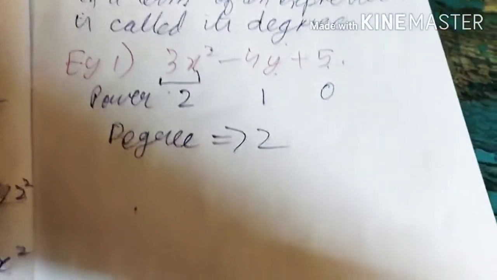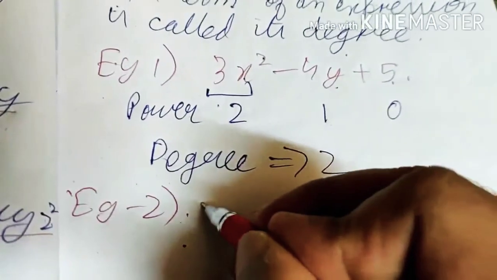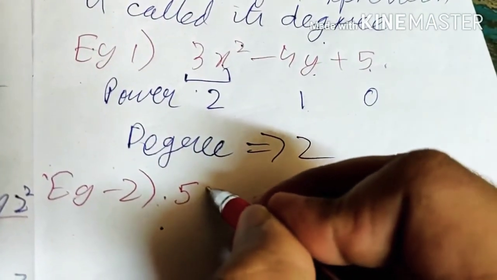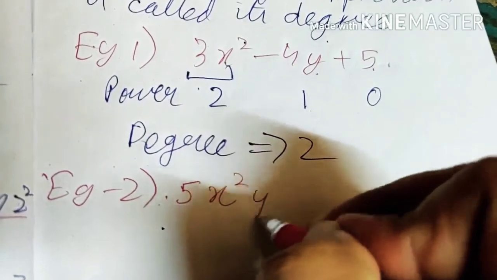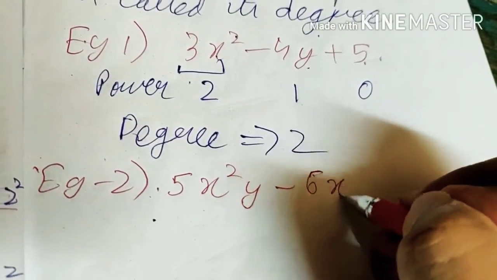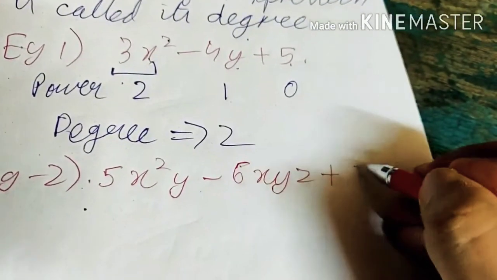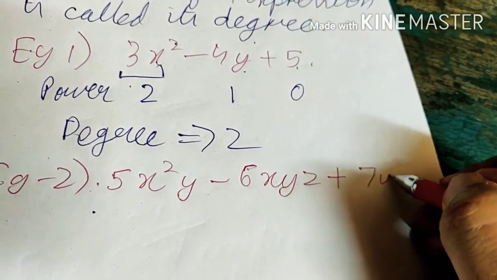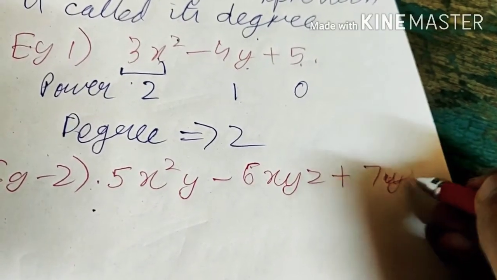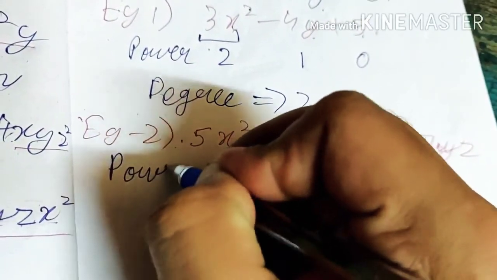Taking the next example, example 2: 5x square y minus 6xyz plus 7yz. Again we will calculate the powers.